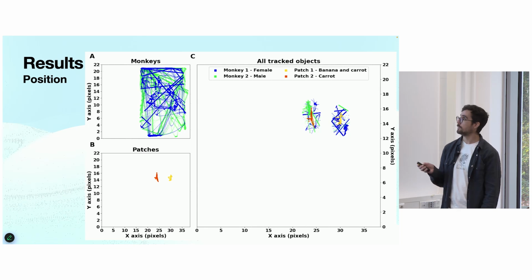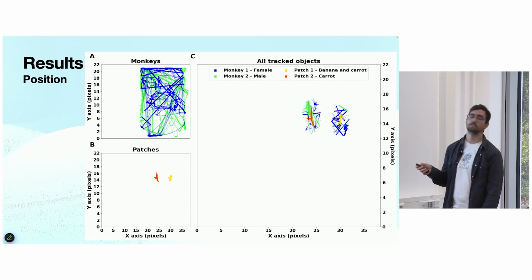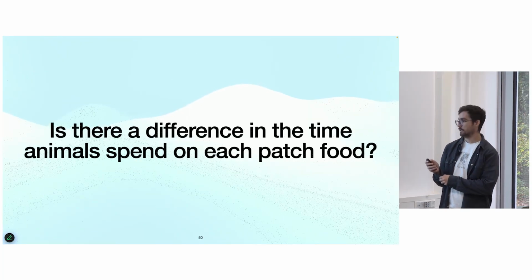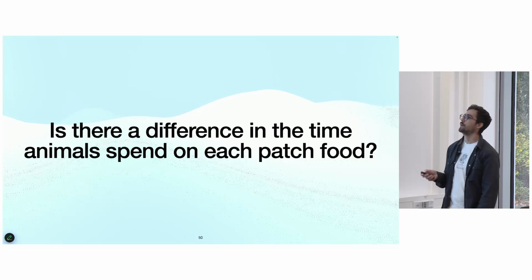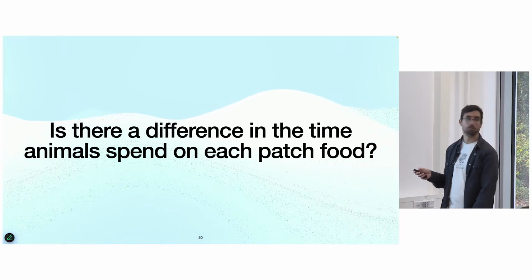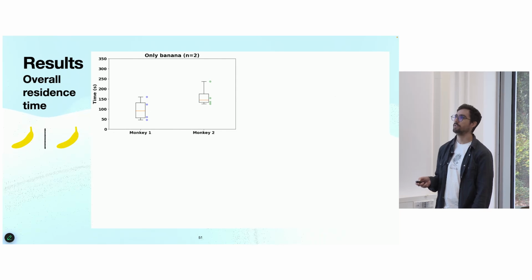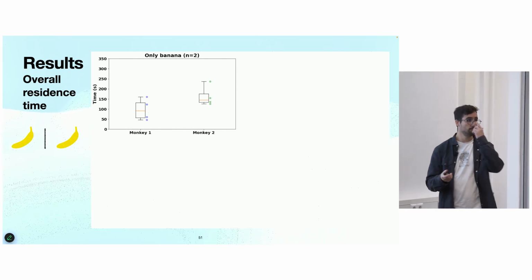Okay, so only with that information, like the information about where the marmosets are and how much time they are there, we are able to answer some biological questions such as, is there a difference in the time animals spend on each pet food? So remember that every day we present 2 kinds of food for the animal.